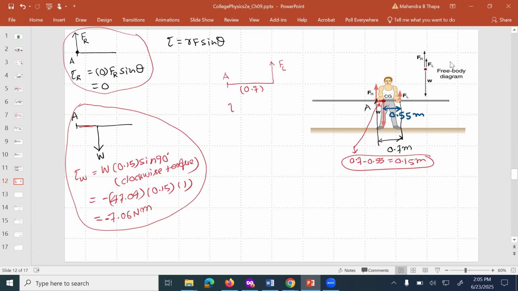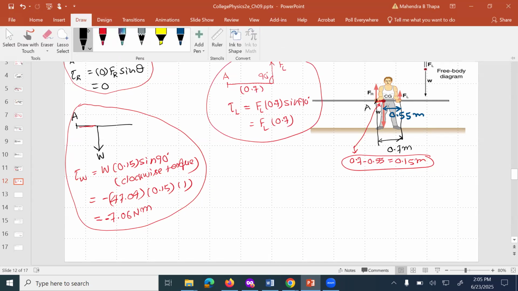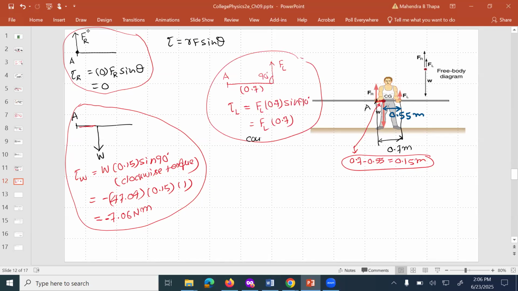So we can write torque due to the left force FL will be tau L equals FL times 0.7 times sine 90 degree. You can see the angle here. That gives us FL times 0.7. So this will be the counterclockwise torque.